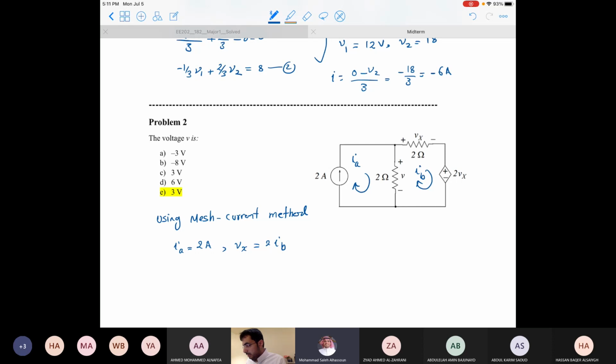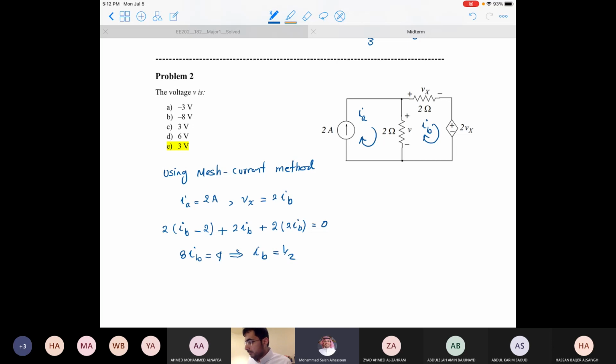So if I apply the mesh current method in mesh B, I will get IB minus 2, which is IA here, plus 2 plus Vx, which is 2IB, plus 2 multiplied by Vx, which is 2IB, equals 0. So what I will get is 8IB equals 4. In this case, IB equals one half.